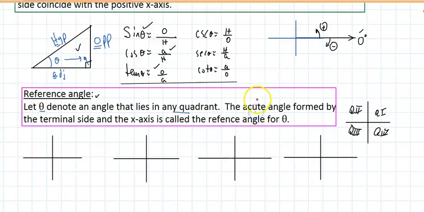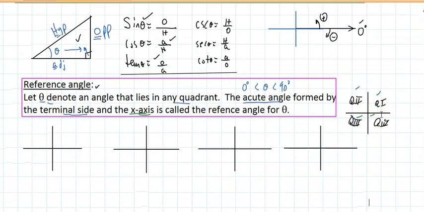The reference angle is an acute angle, which means it's between 0 and 90 degrees. It's never negative, and it can never exceed 90 degrees. It's formed by the terminal side of this angle theta and the x-axis, always the x-axis. So I could be in any quadrant, and I'm going to tackle all quadrants.